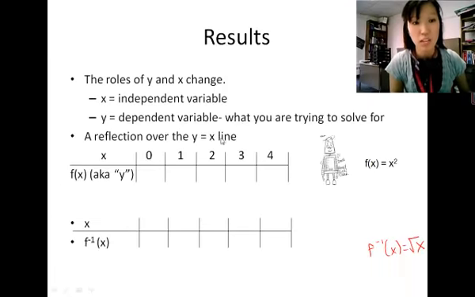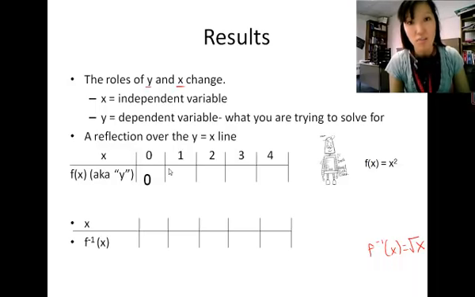So here's one quick idea: knowing that these x and y values, the roles completely swap. Let's look at y equals x squared, or f of x equals x squared. Here's our happy little function, and what it does is take all these values and output the square of whatever that input is.